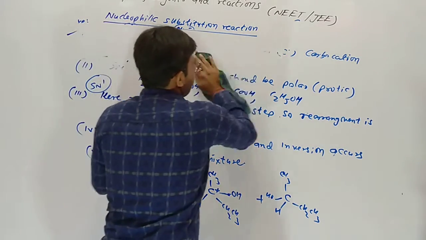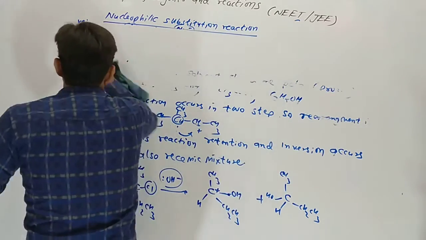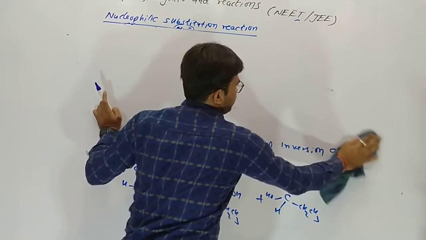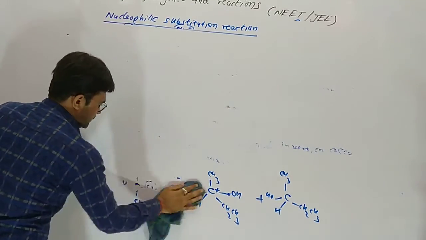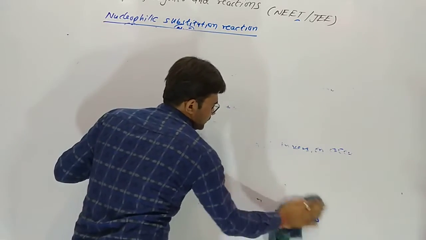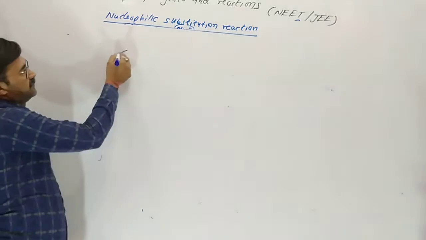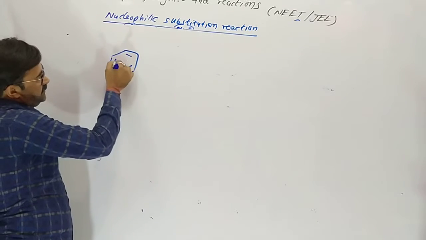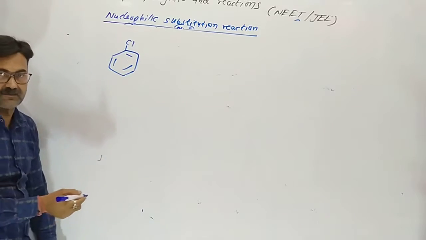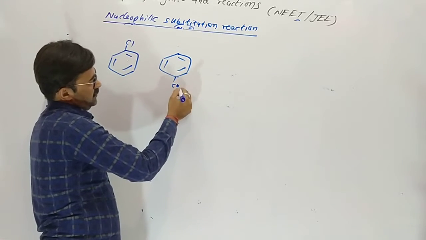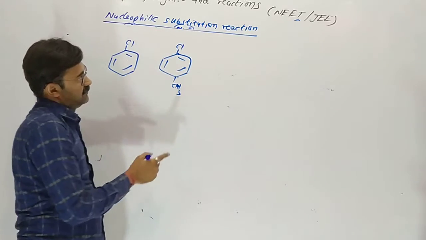Now one more important thing is that if halogen is present in the benzene ring, it gives SN2, never SN1. In the benzene ring, there is chlorine, chlorobenzene, or para-chlorotoluene.